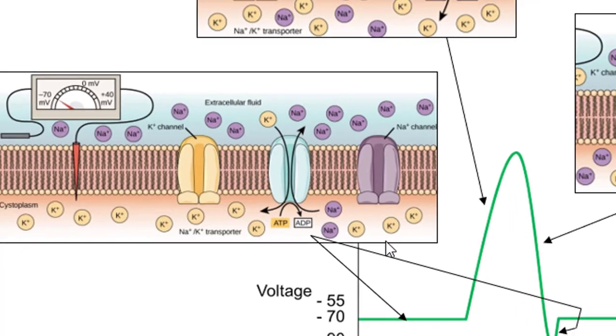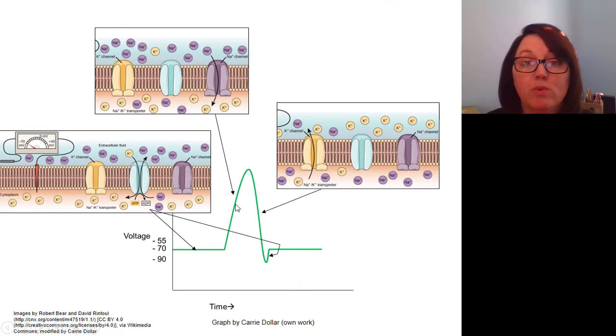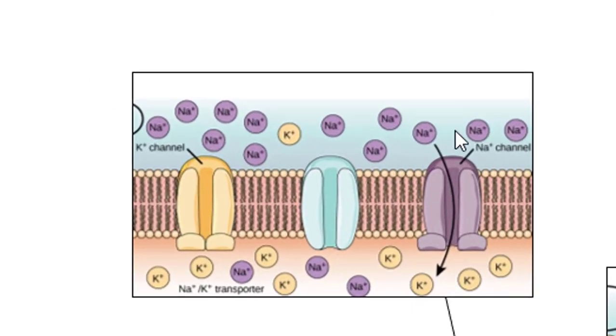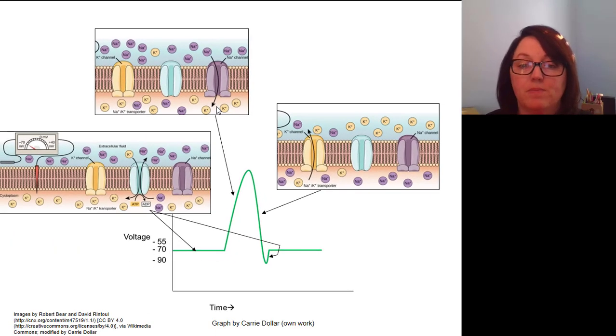During the depolarization phase of the action potential, so this part where we're moving from -70 to plus 35 millivolts, we're going to be highly utilizing our voltage-gated sodium channels. The voltage-gated sodium channels will open, sodium rushes into the neuron following its diffusion gradient, causing the voltage to increase inside the neuron through the addition of those positive sodium ions.